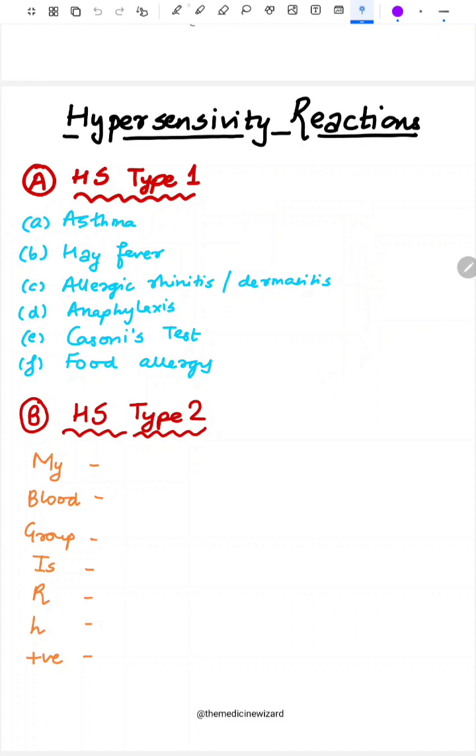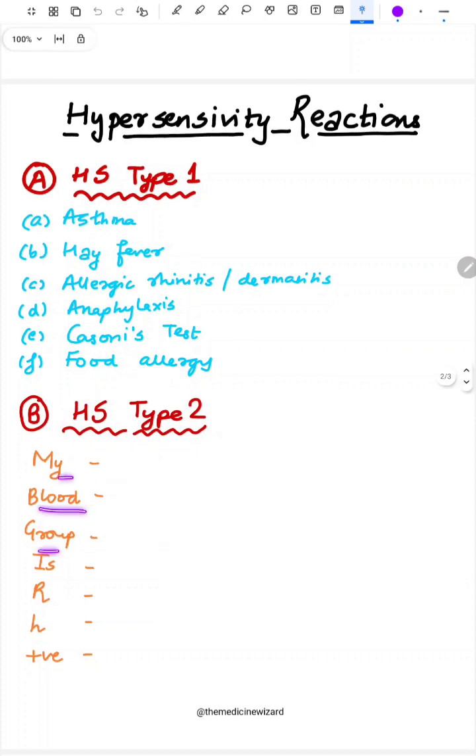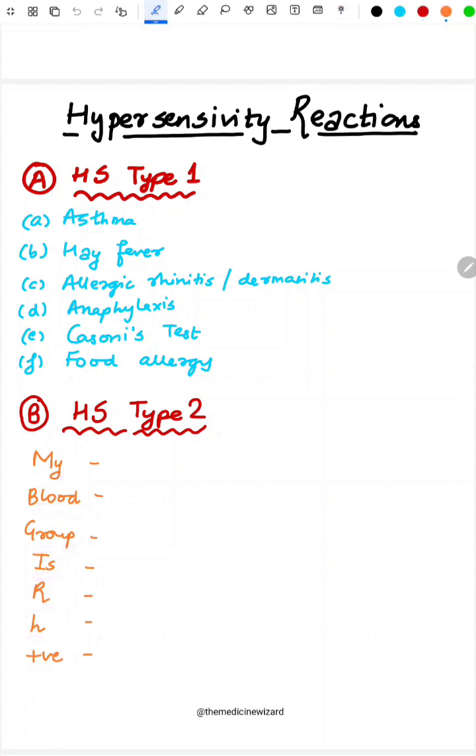Now let's come to type 2 hypersensitivity reaction. To remember type 2 hypersensitivity reaction, you can remember this mnemonic, that is my blood group is Rh positive. Okay, so let's decode this mnemonic. My: M for myasthenia gravis.